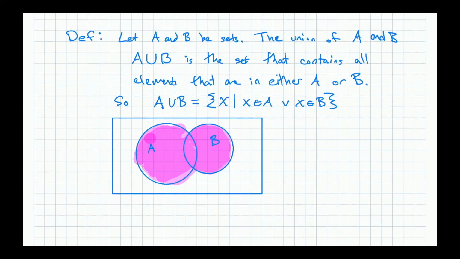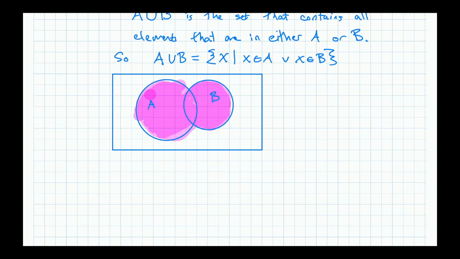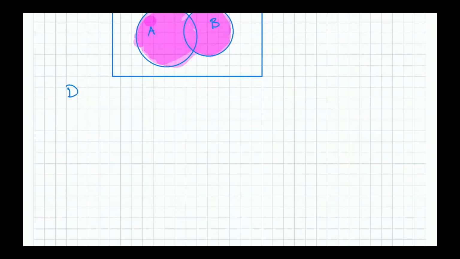Okay, that was the union, not the intersection. Union of A and B. Let us have another definition, and then we'll look at these in more detail. So the next definition is the intersection. I'm not going to write let A and B be sets.